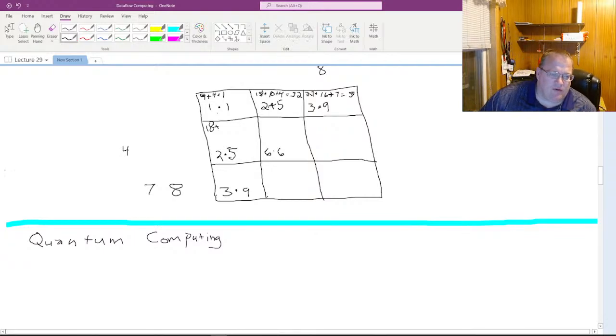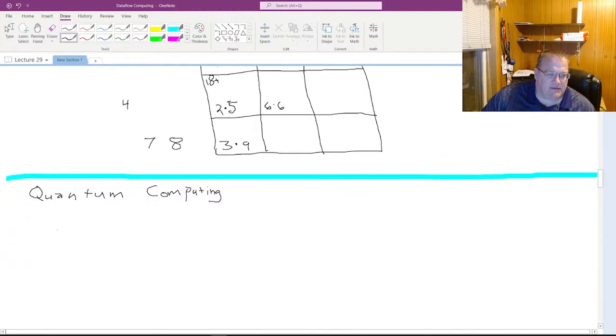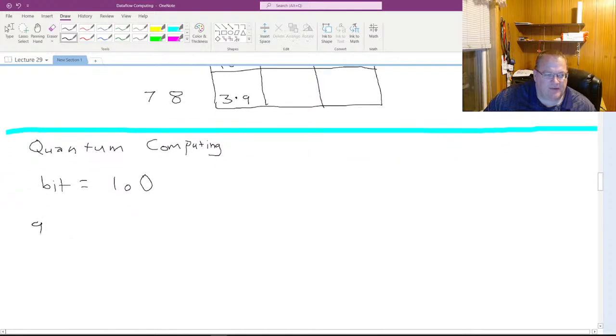But, so in a regular computer, we have a bit, just a regular bit. And so if we have a bit, it's either 1 or 0. So in quantum computing, we have something called a qubit. And a qubit is not strictly 1 or 0, although you can force them to be that.